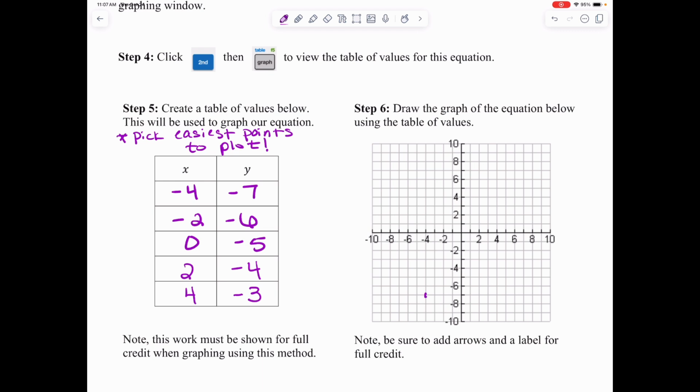Then I can come over to the graph and plot those points: -4, -7, -2, -6, 0, -5, 2, -4, 4, -3, and 5 points is plenty to see what's going on. I will then take my ruler and connect these points with a straight line, really making sure that I extend and fill up the space.